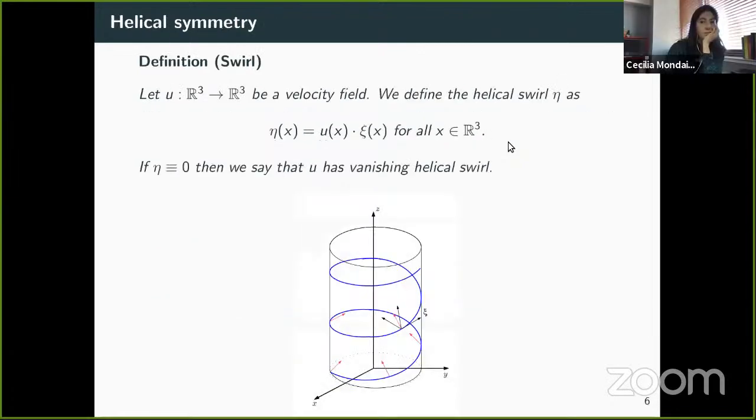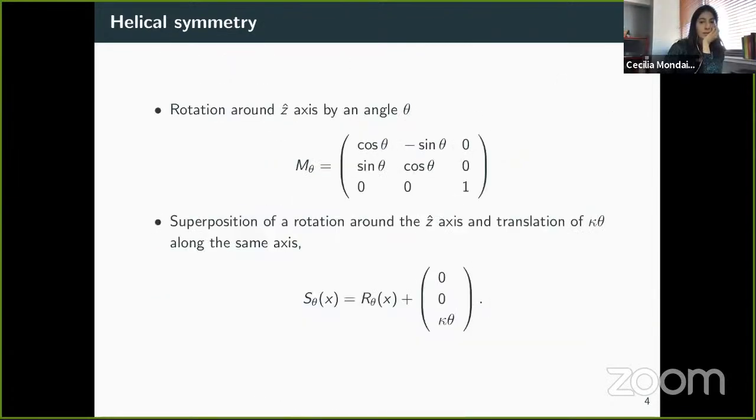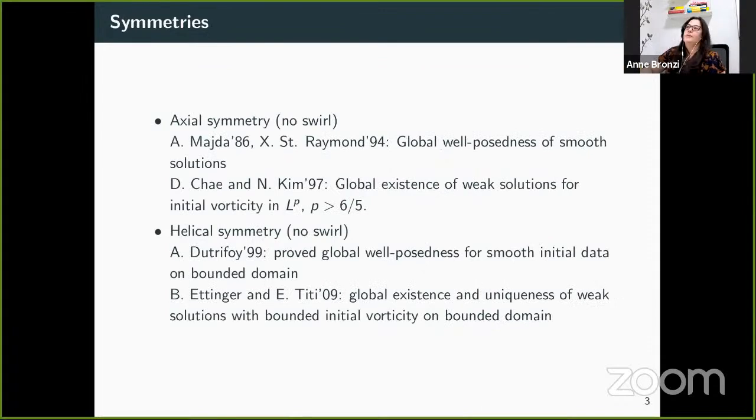I was just thinking if there was any way of having a little bit of swirl, but I don't even know how to go about that. Yeah, things with swirl are harder. Even for the axisymmetric case, there is this condition also to guarantee that the problem is well posed. And in this case it is the tangent component to the circle.